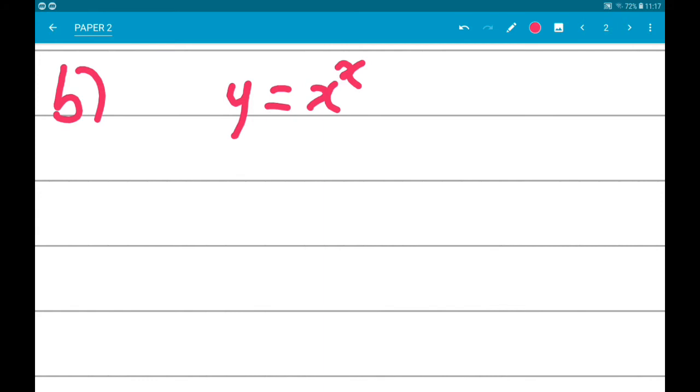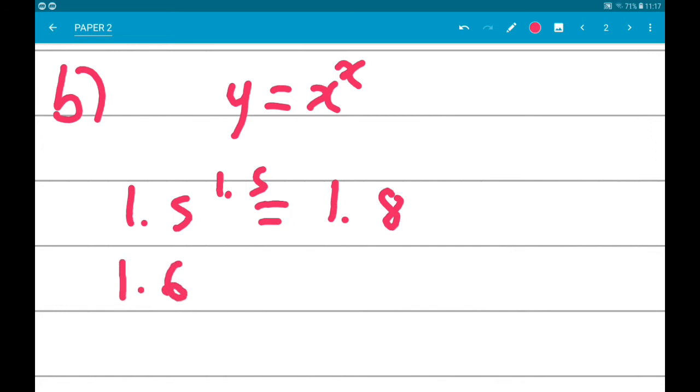So 1.5 to the 1.5 gives us 1.8 and 1.6 to the 1.6 gives us 2.1. Okay, so 2 is between 1.8 and 2.1.